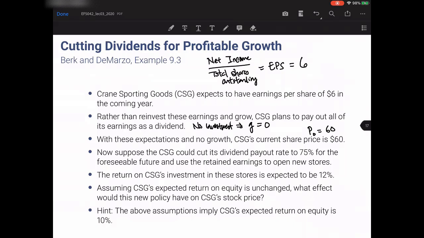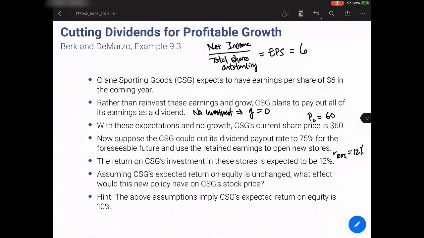I'm going to use the variable ROI to indicate that it's a return on investments equal to 12%. Assuming CSG's expected return on equity is unchanged, what effect would this new policy have on CSG's stock price?